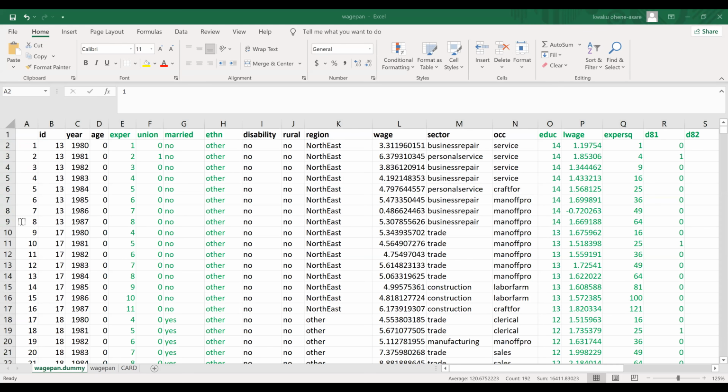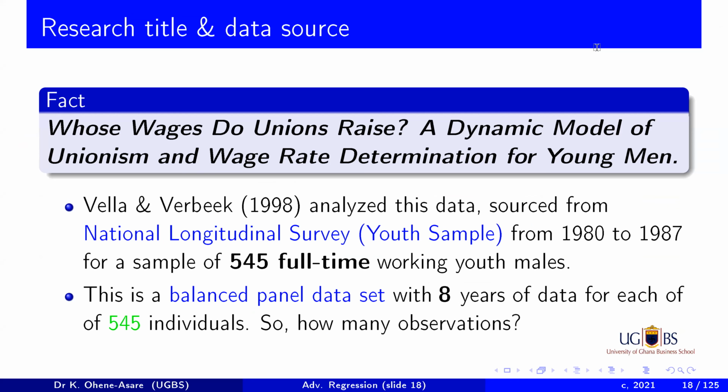Wage pan data. Let's try to give a title to this, so that you can appreciate it the more. Wage pan. I'm taking you back to the slides. Actually, this data is in a book by Vella and Verbeek. These guys in 1999, they analyzed this data.